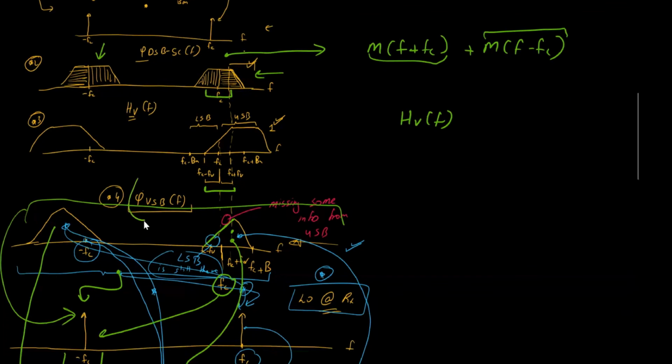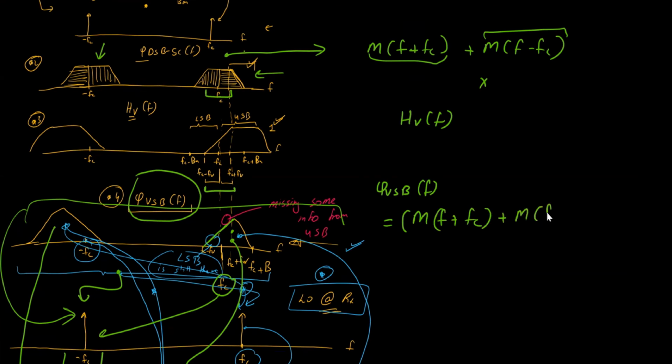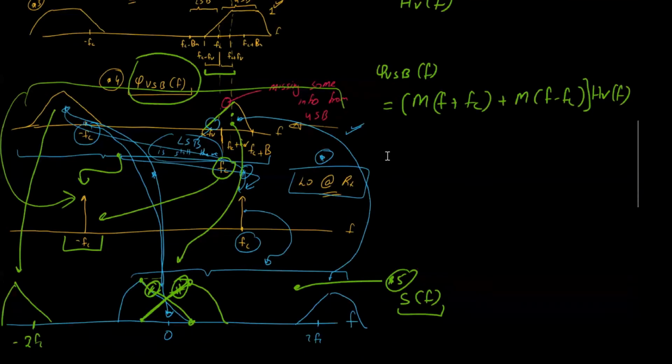And after that we have this spectrum, which is phi VSB of f, right? So this phi VSB of f is simply the multiplication of these two, M of f plus fc plus M of f minus fc, and then we are multiplying with the filter, that is HV of f. So if we multiply these two together, we are getting eventually this signal, and over here this signal.